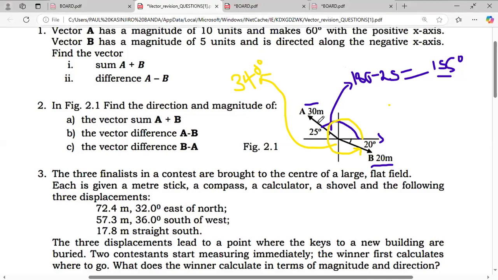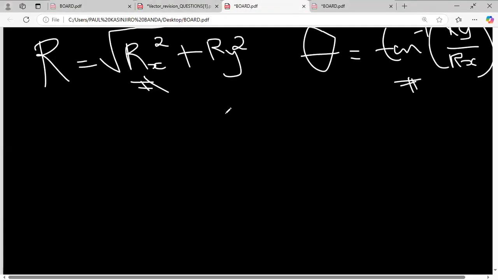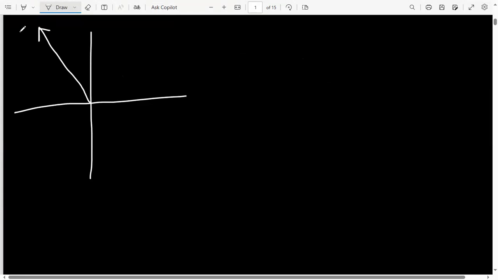Okay, so let's write it down and then we try to resolve these guys into their components. Okay, so we have the first vector here, which is A. So vector A, we're told it has a magnitude of 30. So you put your 30 here. And then the angle from the positive x-axis to here, we said it is 155 degrees. Okay.